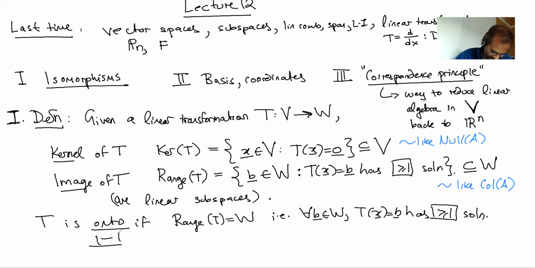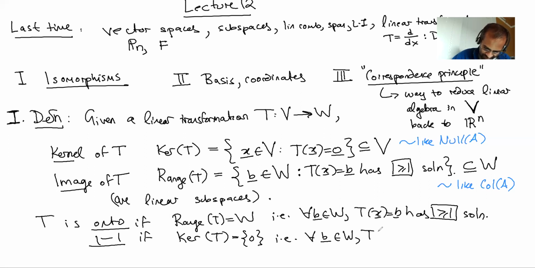And it's one-to-one, literally the same definition except with these slightly new words, if the kernel of T equals just the trivial subspace, which turns out to be the same as saying that for every b in the codomain, Tx equals b has at most one solution.